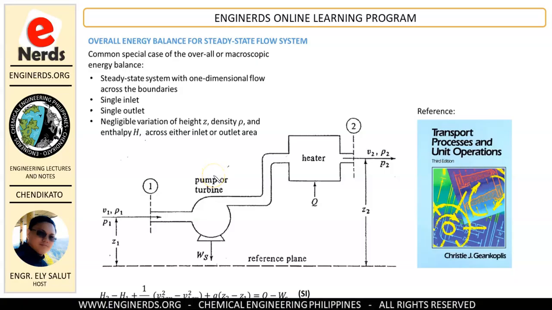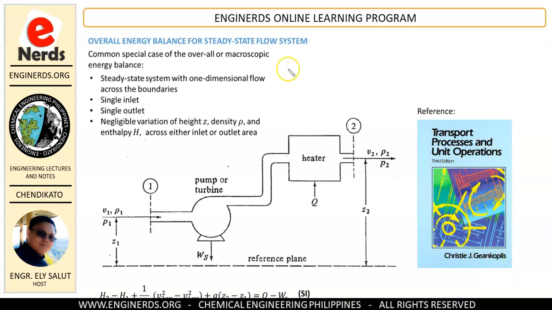Alright guys, so now ang pag-uusapan natin is about overall energy balance for steady-state flow system. So, ang magiging reference natin for this topic is this book, itong Transport Processes and Unit Operations, 3rd edition by Christie Geankoplis.